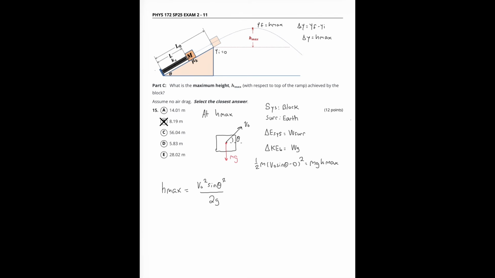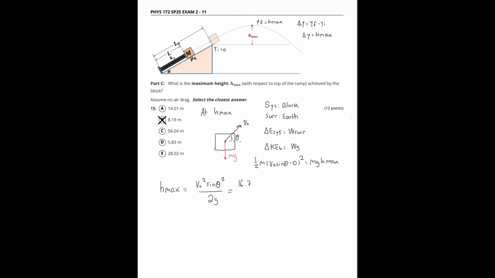And now we can plug in our values and we will get 16.7 meters per second squared times sine of 50 degrees squared divided by 2 times gravity, 10 meters per second squared.